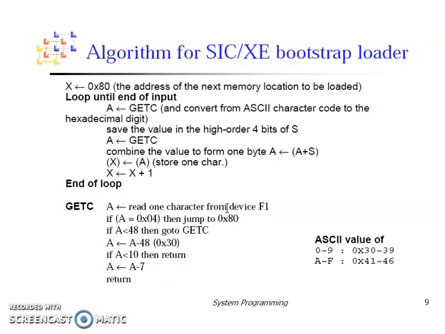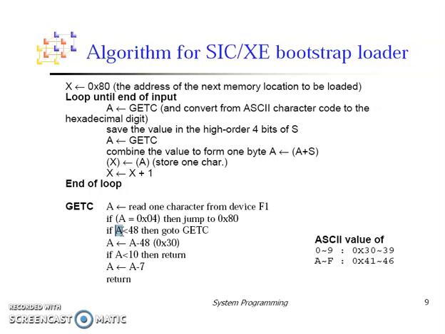getC is a routine which executes the following. It reads one character from the device F1. If A is equal to 0x04, then jump to 0x80, the starting address of the memory that needs to be executed.